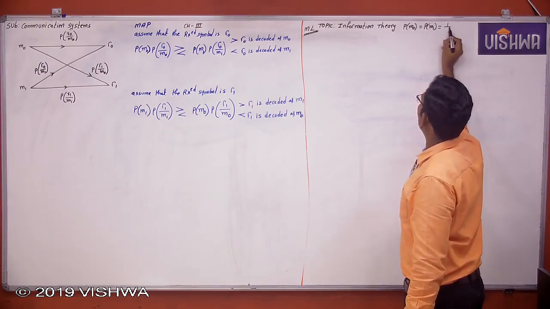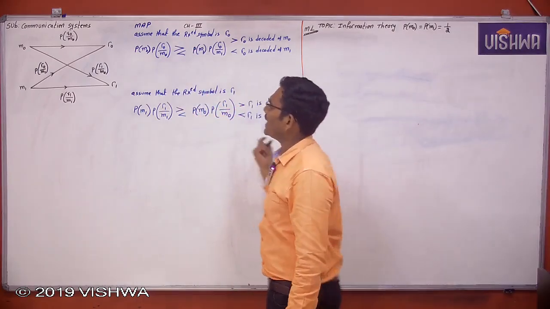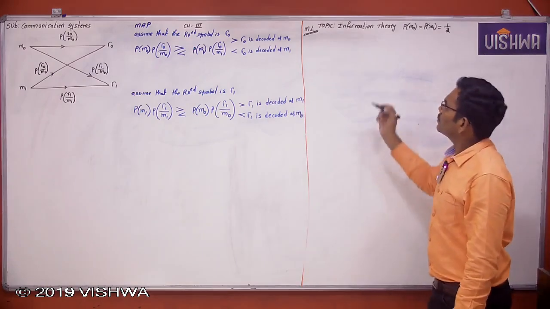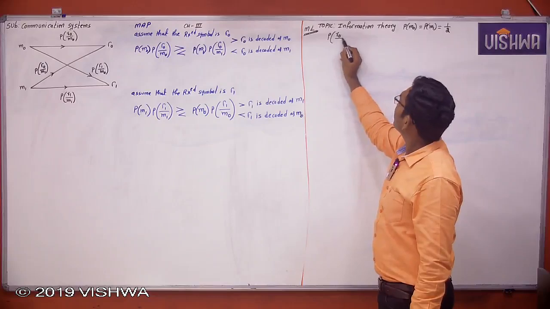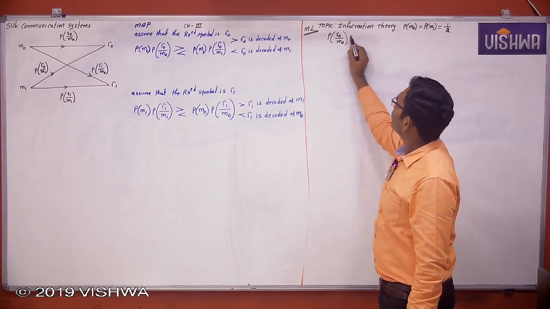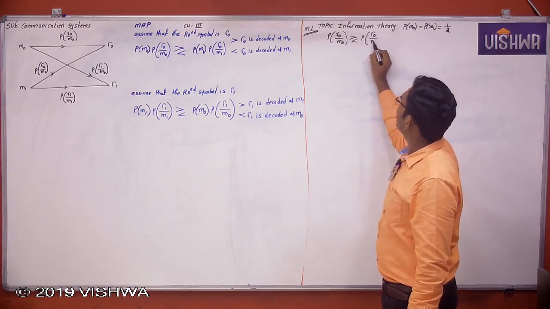Two symbols equiprobable means 1 by 2, so this is 1 by 2, this is 1 by 2, this is cancelled. That is the only difference. So it is directly P of R0 by M0, which is greater than or less than P of R0 by M1.